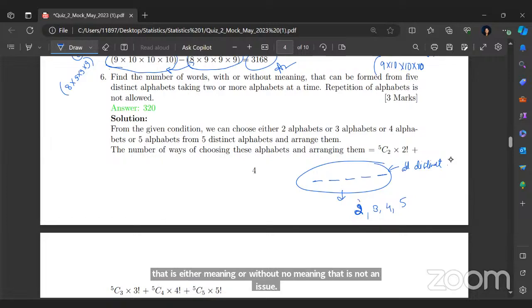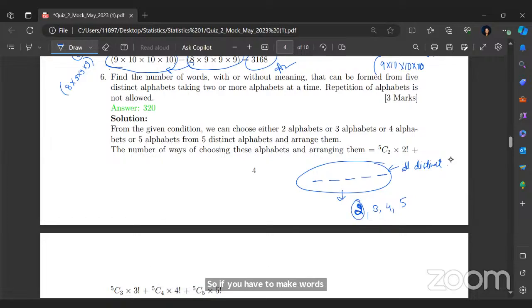So if you have to make words of 2 letters, then how many ways can you select? You have a total of 5 distinct alphabets. Out of 5, you're choosing 2. So 5 choose 2, right?